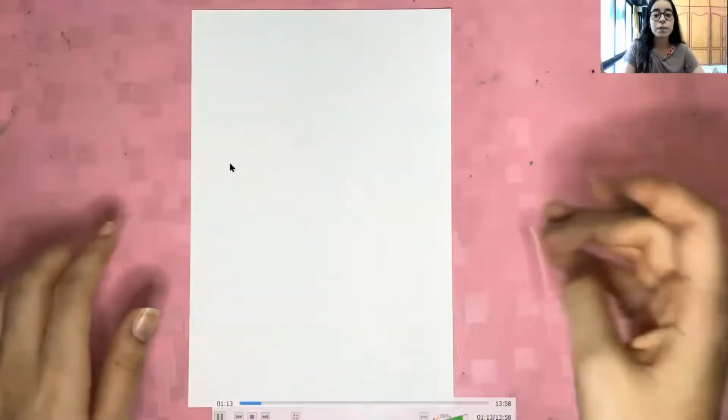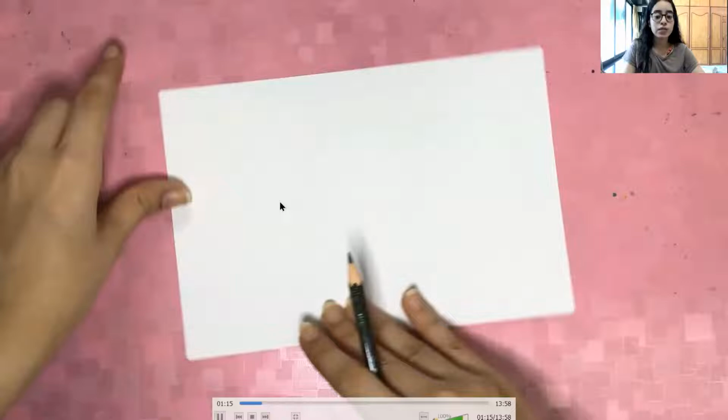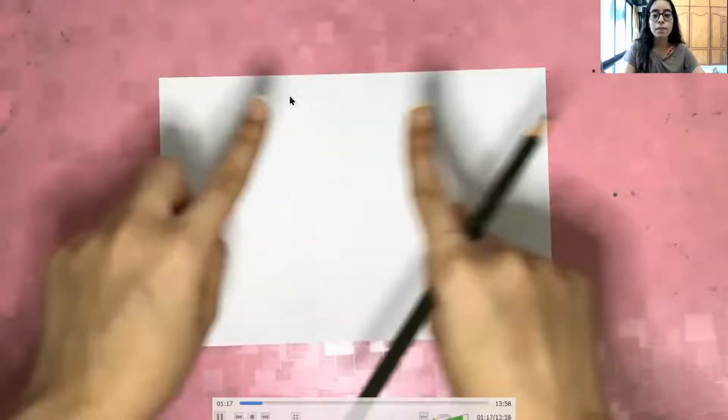So I'm going to grab this pencil, and first and foremost, all of you are going to hold your sheet in landscape mode. Make sure that your sheet is in landscape mode, because the illustration would fit well in it. Landscape mode is nothing but the horizontal manner, or the sleeping manner, if you could call it that.